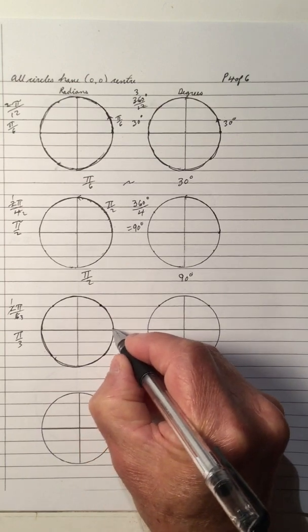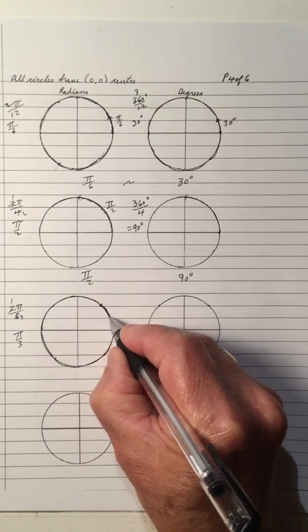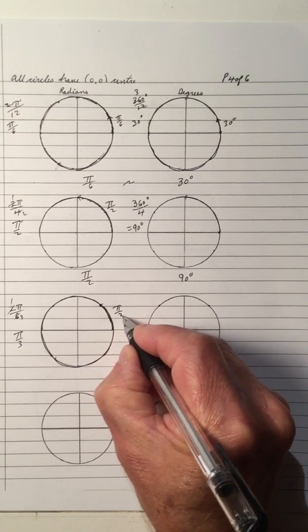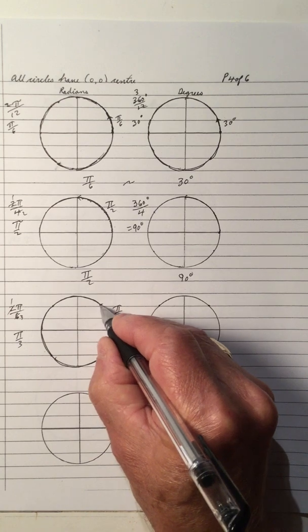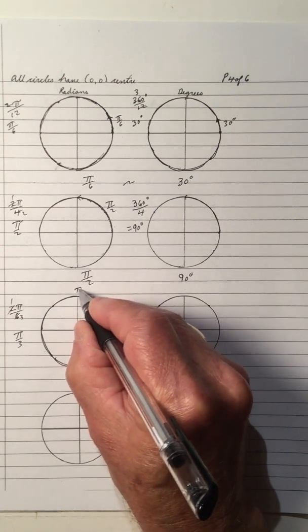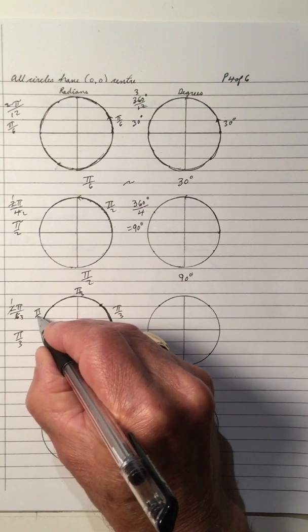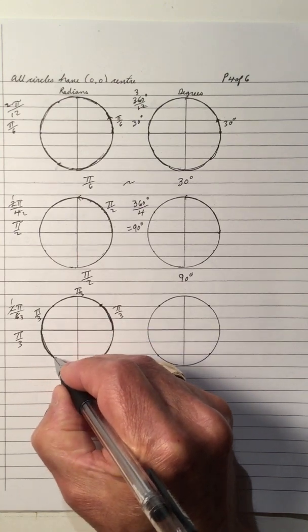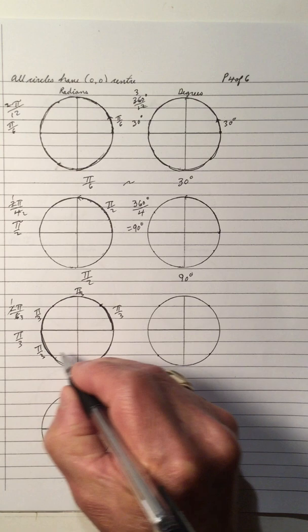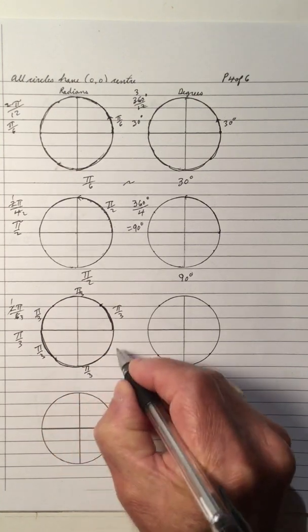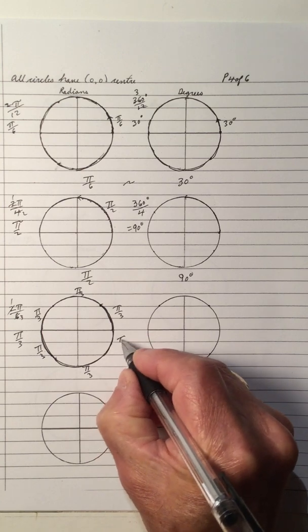So that means that one of these is right here. That's a pi over 3. From here to here, that's a pi over 3. And this is a pi over 3, and this from here to here is pi over 3. And from here to here is a pi over 3, and this rotation is a pi over 3, and this one right here is a pi over 3.